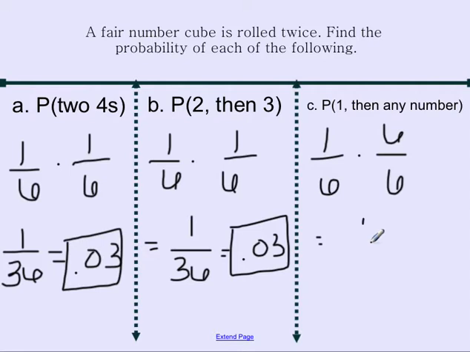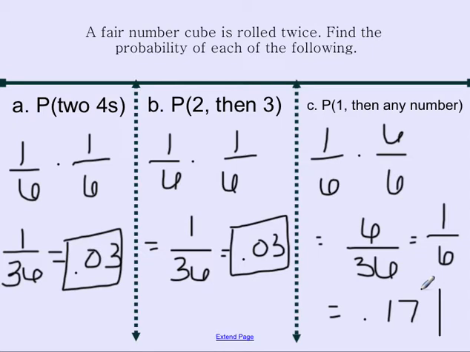You get 6, and on the bottom, 6 times 6 is 36. Then you reduce that to 1 over 6, and that's going to be 0.17, or 0.167, which you can round to 0.17. Either way, there's about a 17% chance of that happening, especially since it doesn't matter what number we roll the second time around.